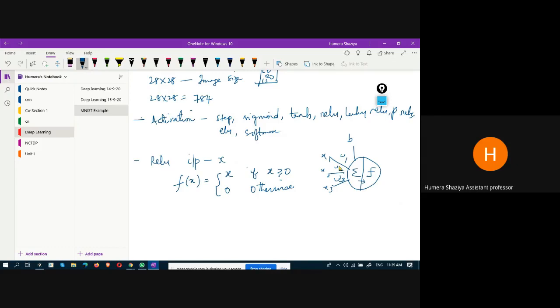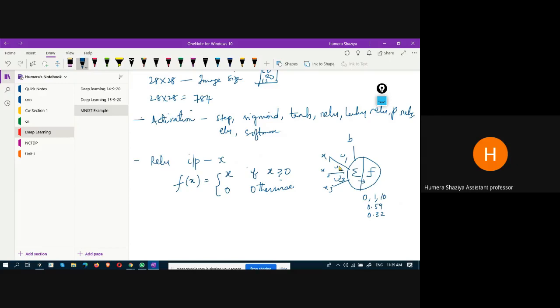This function checks whether the x value it has received is a positive value. It can be 0, it can be 1, it can be 10, any positive value, or even 0.59 or 0.32, any positive value.